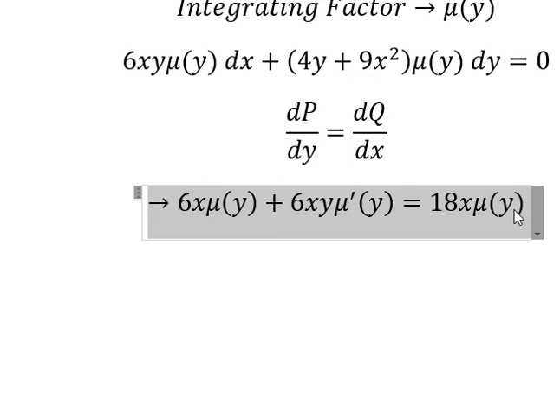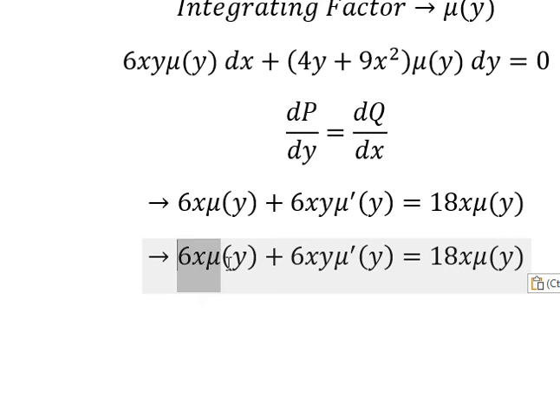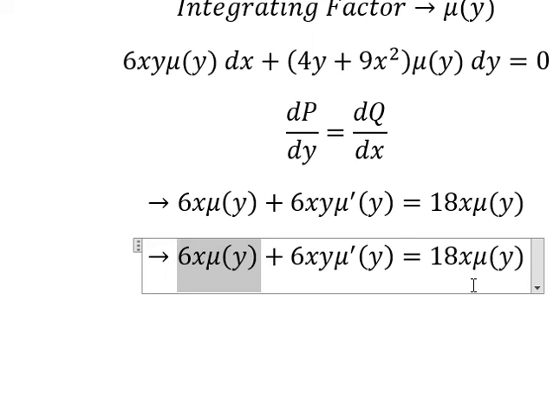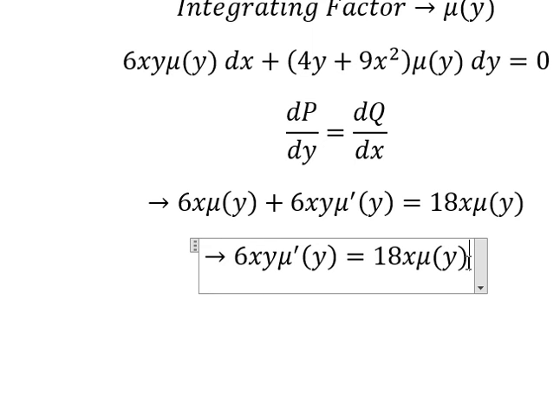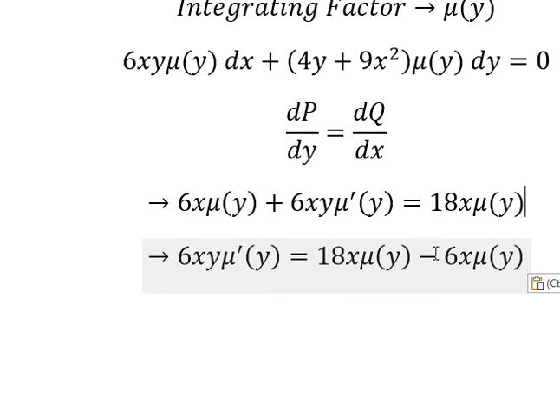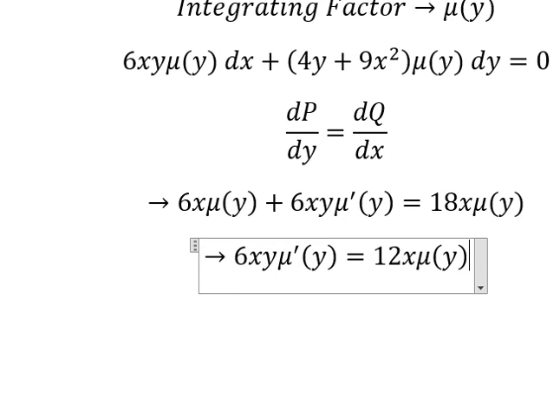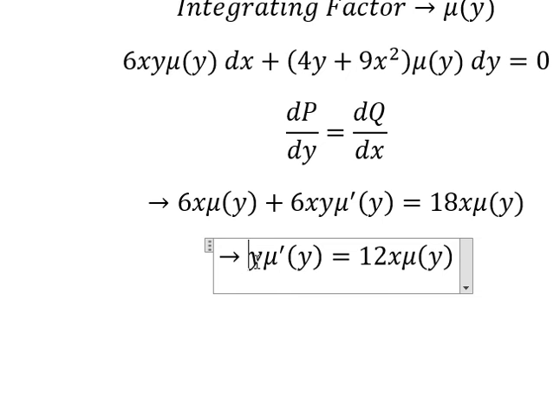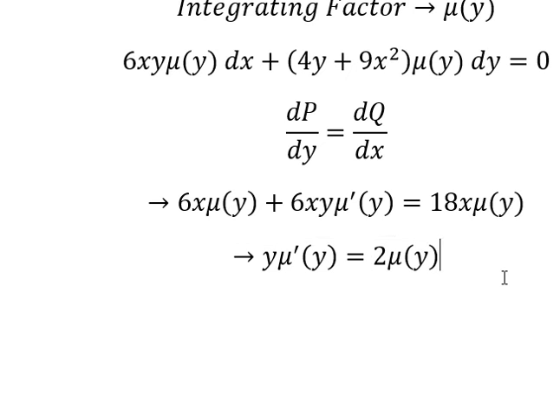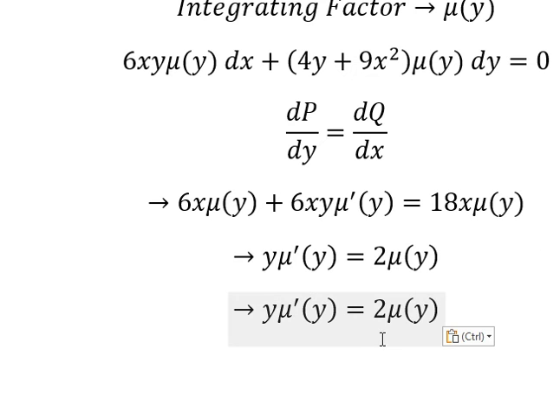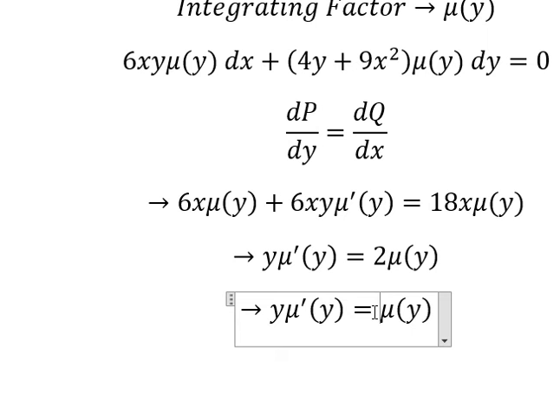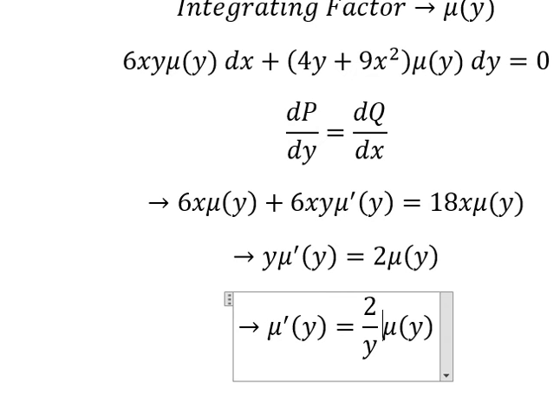Now we need to simplify. 6s mu y we put to the right. (18 minus 6), we have 12. Now we divide both sides by 6s. Next, we divide both sides by number 2. We divide both sides by y. And this one we divide go in here.